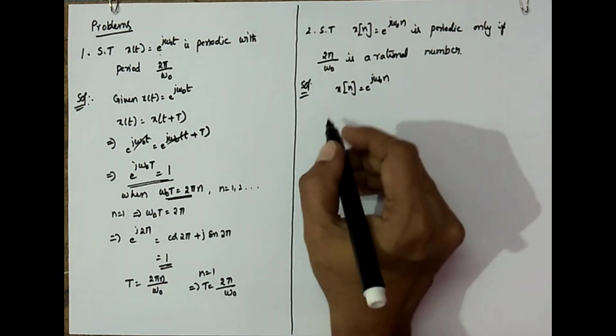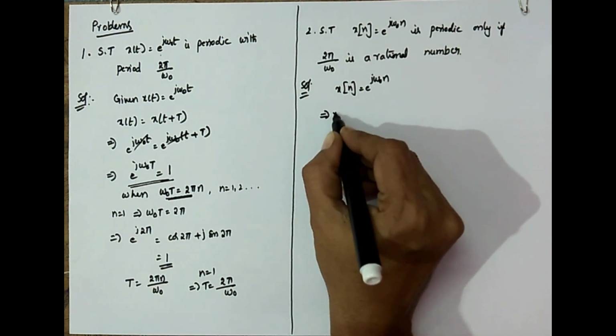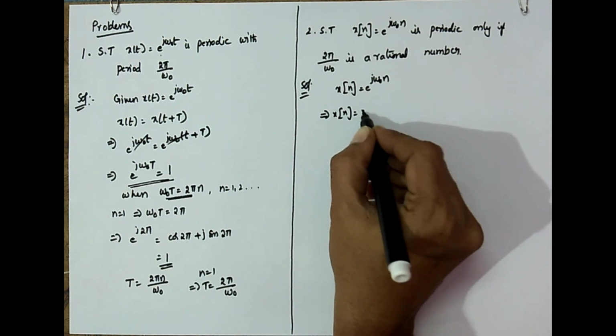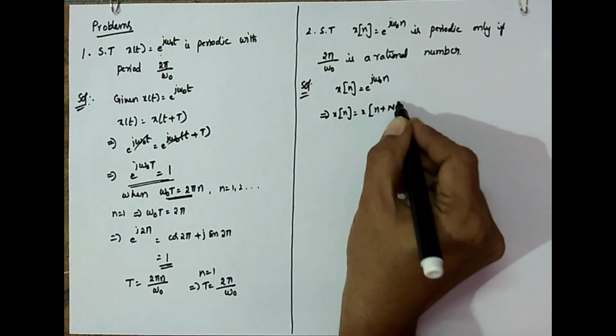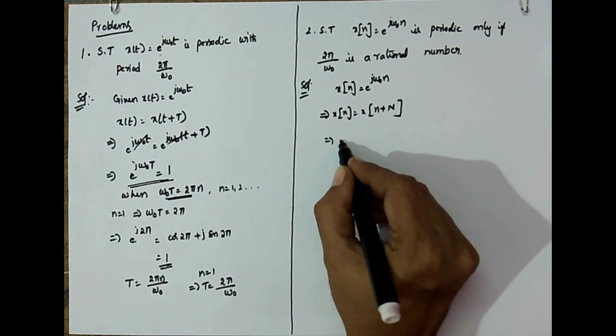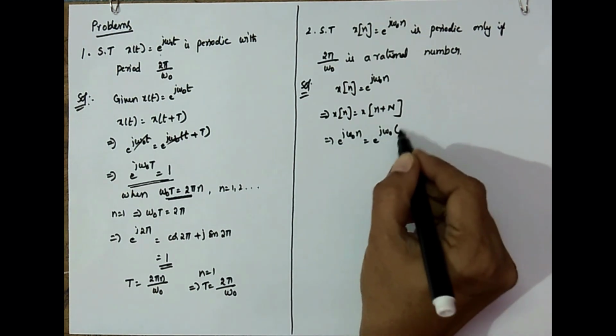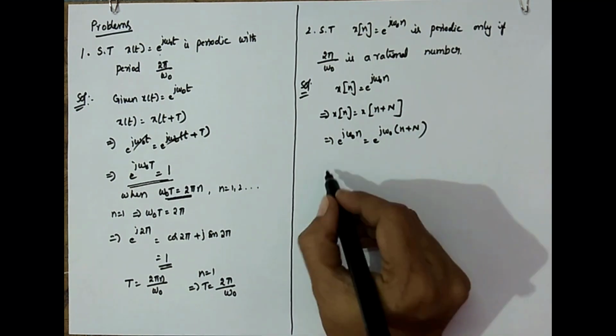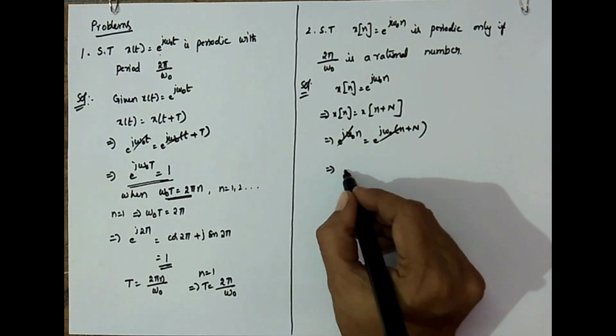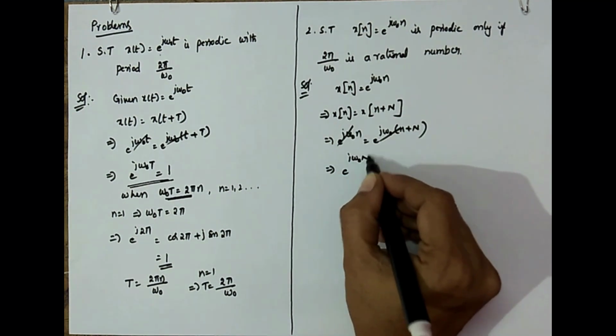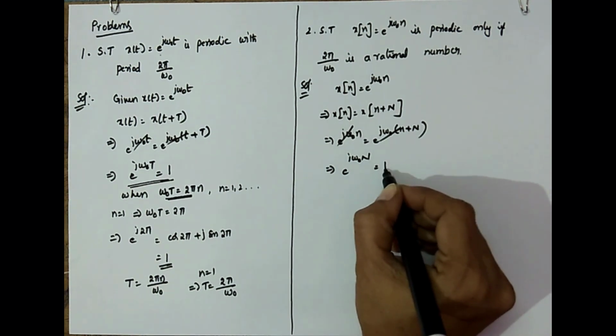Here also you take the periodicity condition x of n equal to x of n plus N. This implies e power j omega naught n equal to e power j omega naught of n plus N. So these two get cancelled. It will be e power j omega naught N is equal to 1.